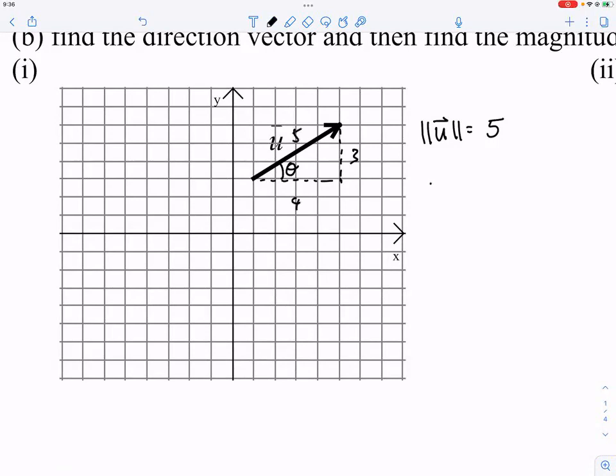So we can just do sine theta equals 3 over 5, and then we can find out what theta is. We do inverse sine of 3 over 5, and that's equal to 36.9 degrees.